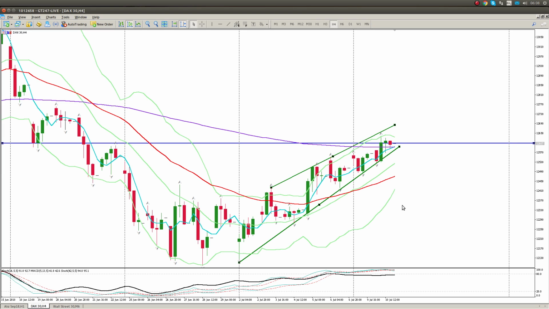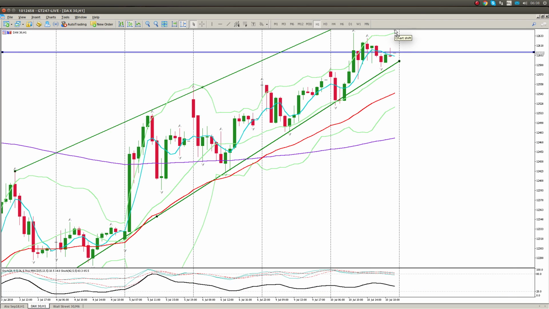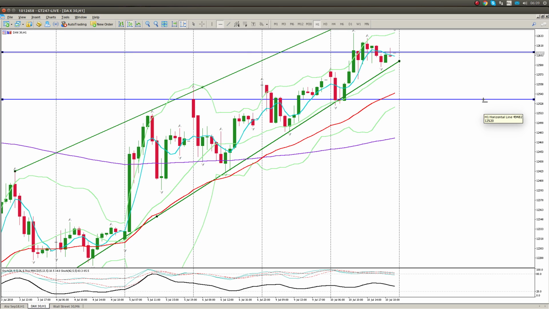So where are we going? I think that is the big question you need to ask yourself. You're going to be looking for shorts today. If we are sitting at 12,530 at the moment, pretty much down here somewhere, 12,535, that's good enough, then we have broken this trend line.